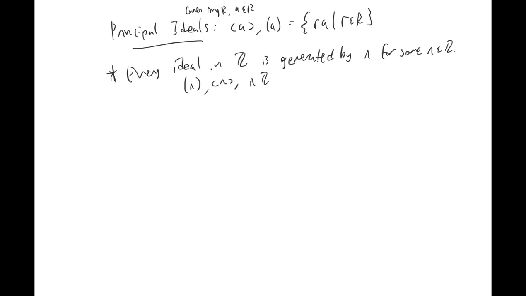These are the same thing, because this is the set of z times n such that z is in Z, since we're commutative here. Given a commutative ring. If it's not commutative, then you might have to differentiate between left and right ideals. But for our purposes, let's just go with commutative for now.